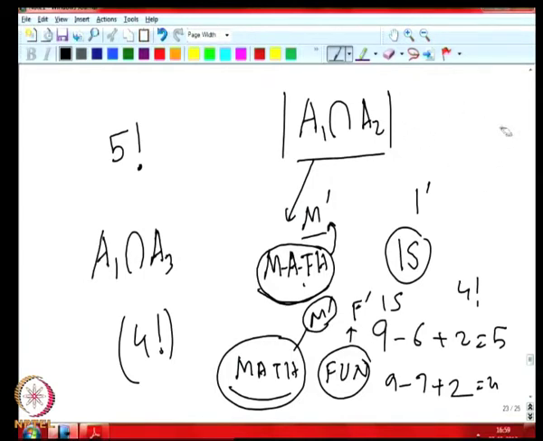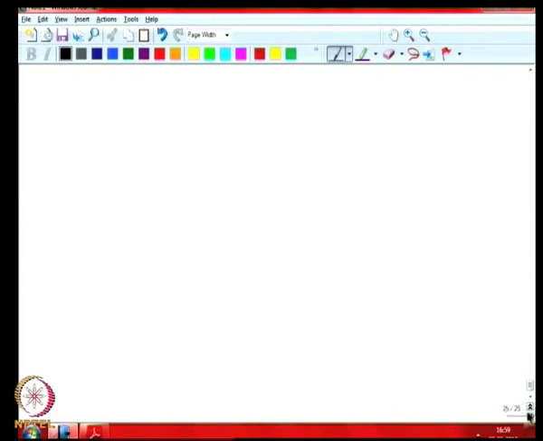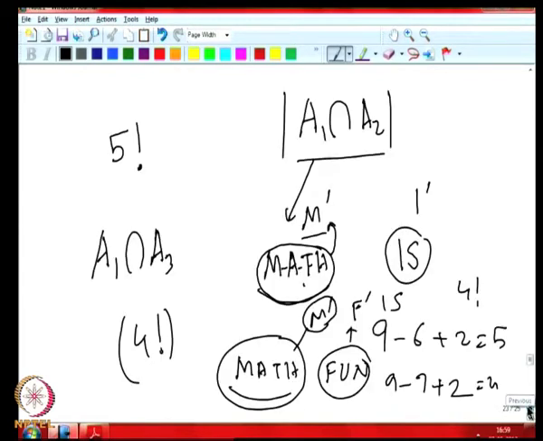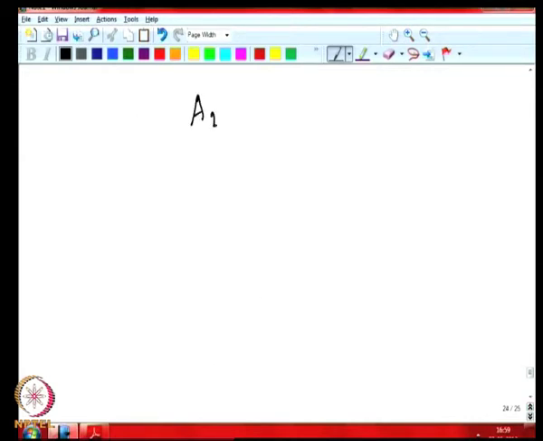But you can explore the other possibilities. Instead of math is fun, you can select some other 4 letter words or some other words, and suppose you want to avoid them, what would you have done. Similarly, this method is the same when I consider A1 intersection A2, A1 intersection A3, and finally A2 intersection A3.